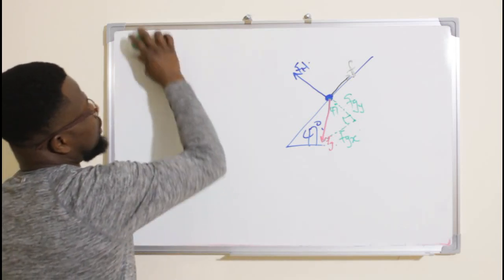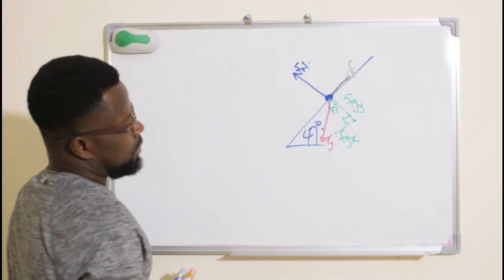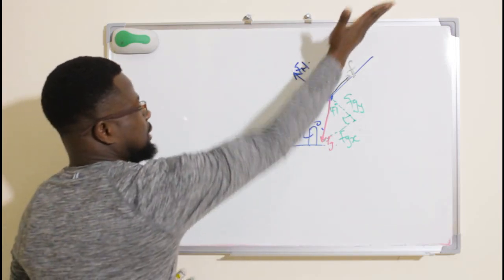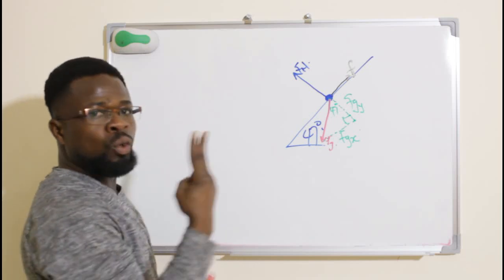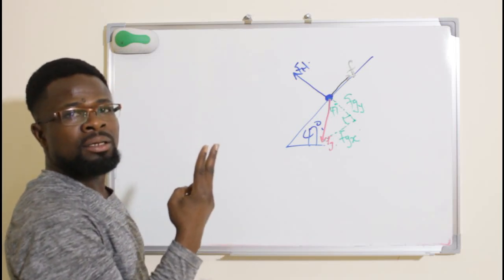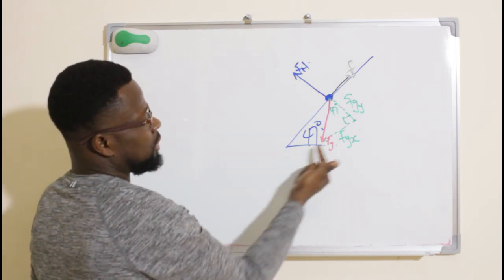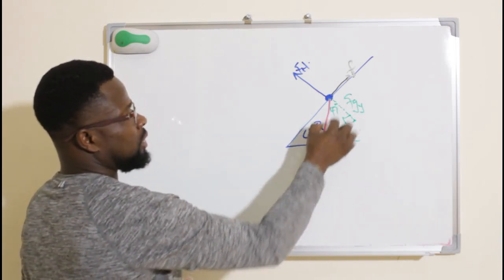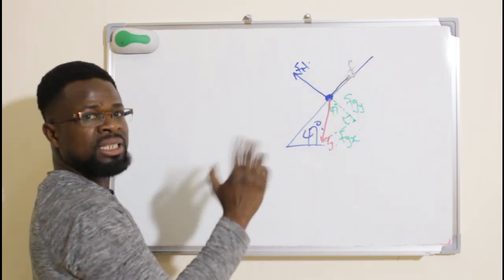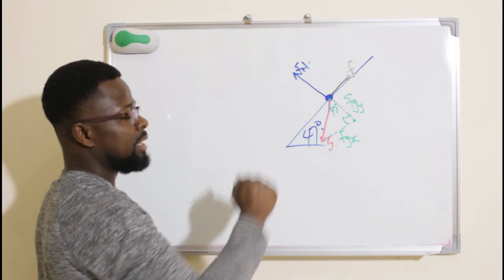I want to do my calculation, so what do I have from here? Remember, we are looking at the forces that are parallel to this plane. There are two forces parallel to the plane: the parallel component of the weight, which is FGX, and the friction. These are the two forces that are needed here.